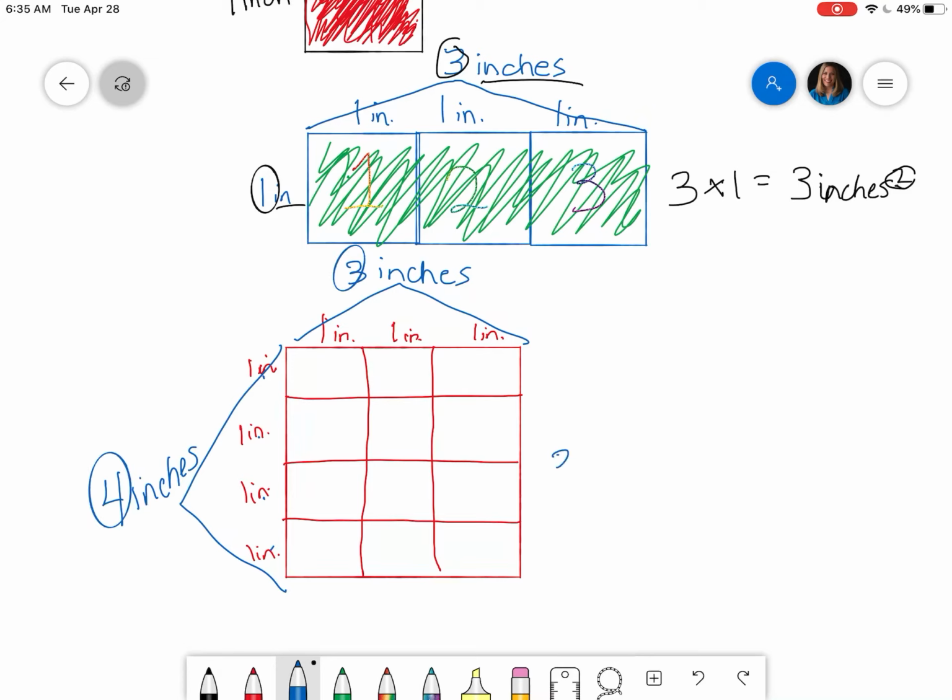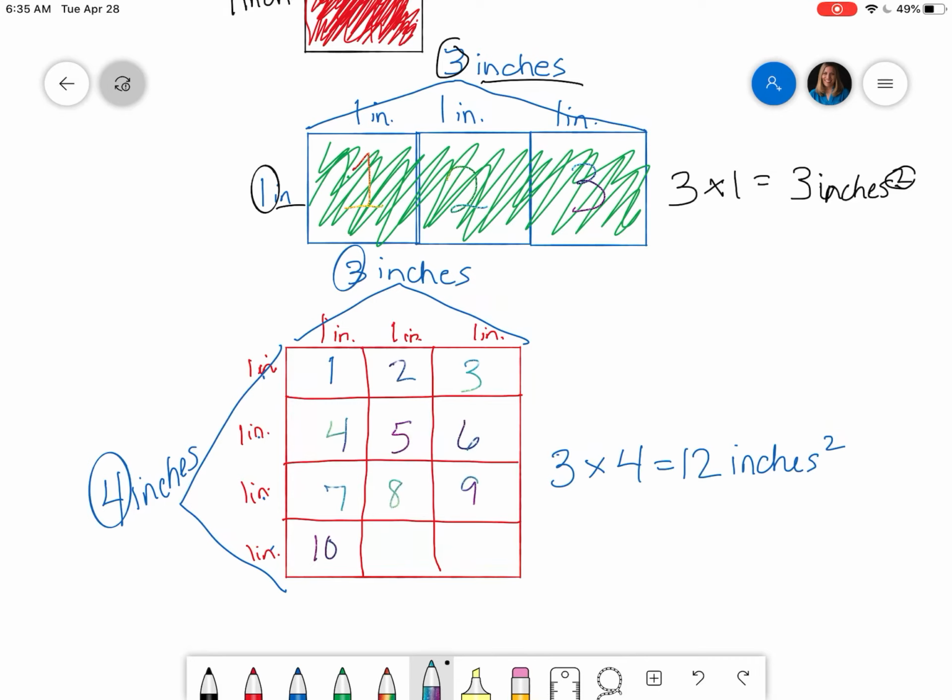Okay, that's a little bit easier than all these ones. 3 times 4 I know is 12. And I could actually count 1, 2, 3, 4, 5, 6, 7, 8, 9, 10, 11, 12. So I could actually see that happening.